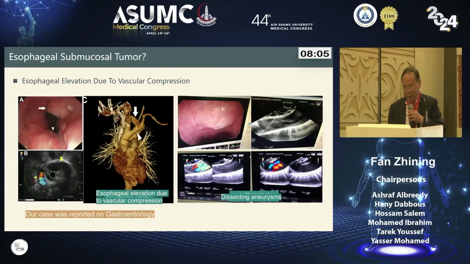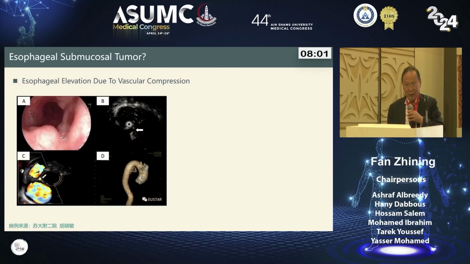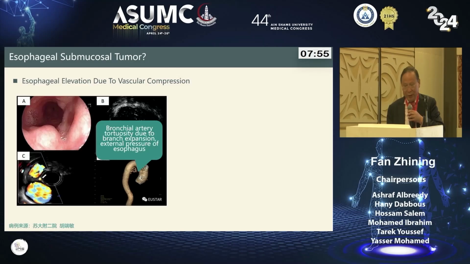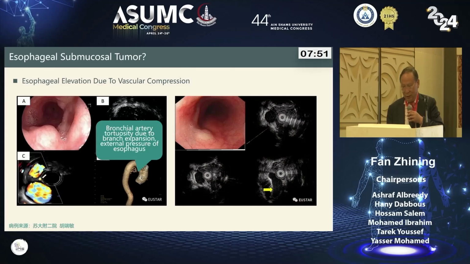Second, dissection is the aneurysm. This is the bronchial artery, with bronchial expansion and internal pressure on the esophagus.